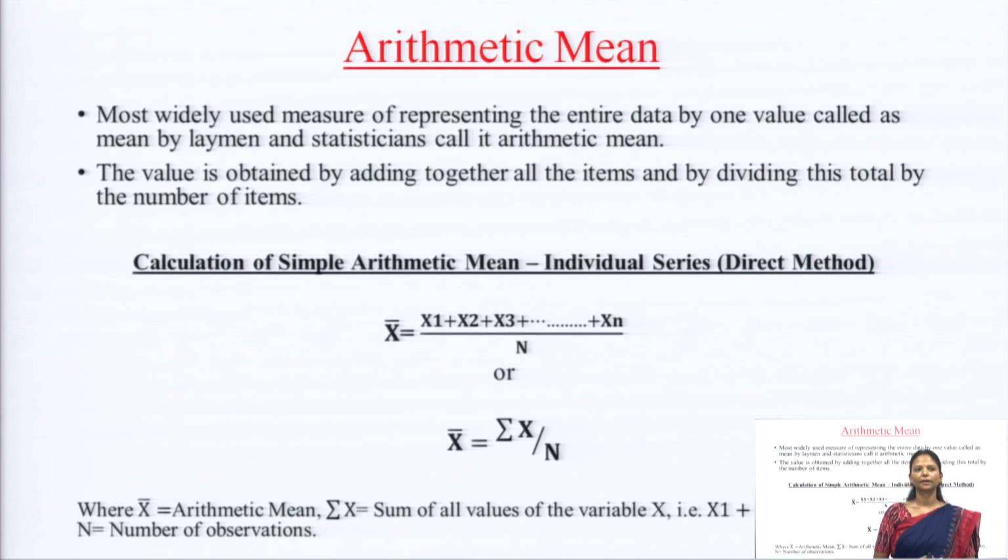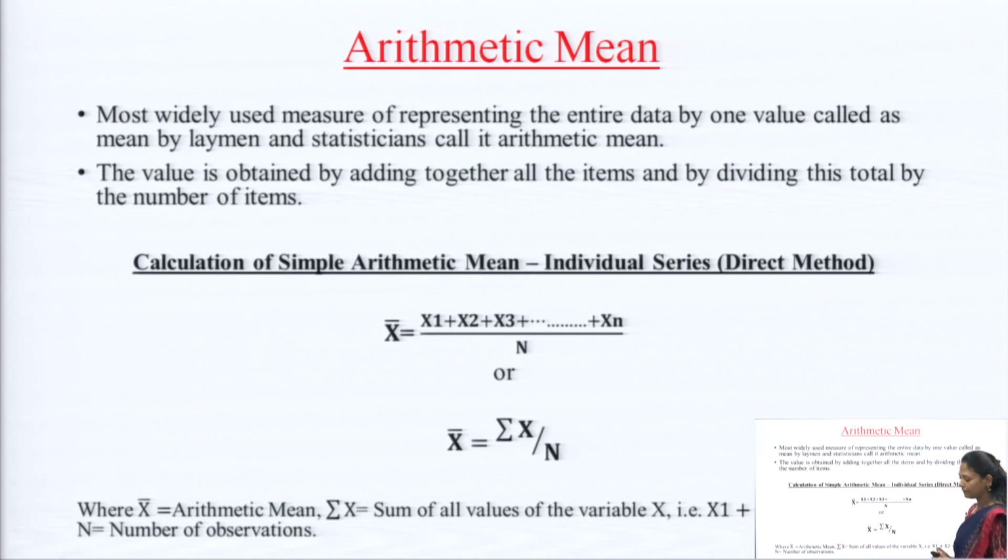What is arithmetic mean? The most widely used measure of representing the entire data by one single value is called mean, or by a layman, and by a statistician it is called arithmetic mean. The value is obtained by adding together all the terms and dividing by the total number of items.